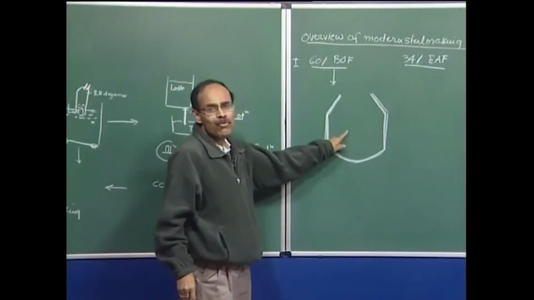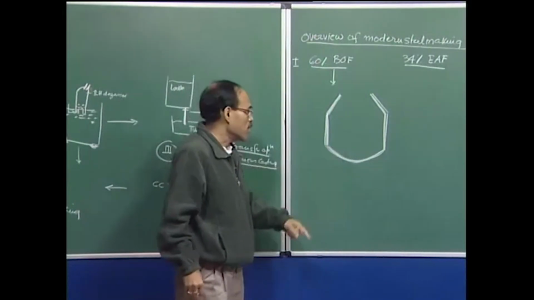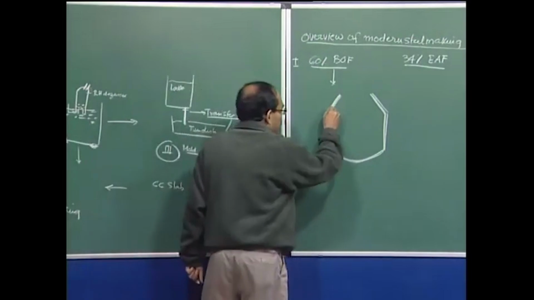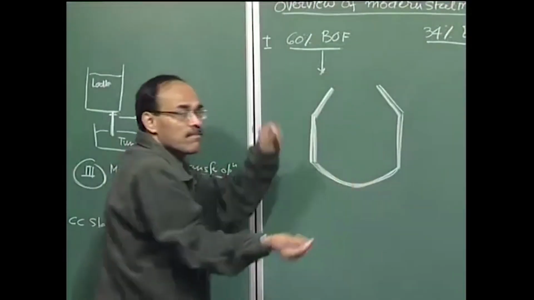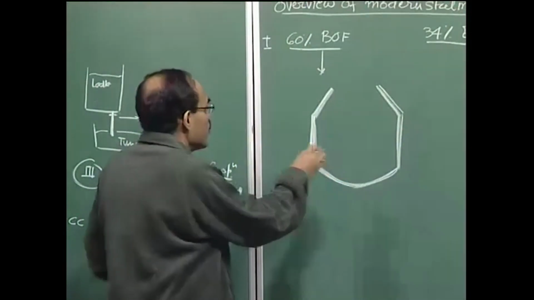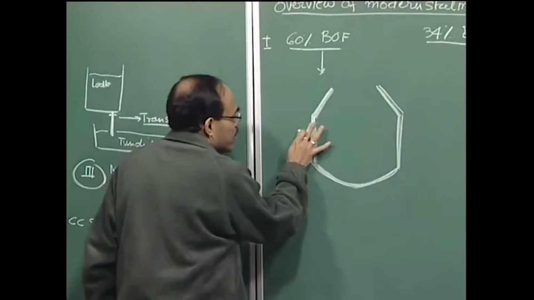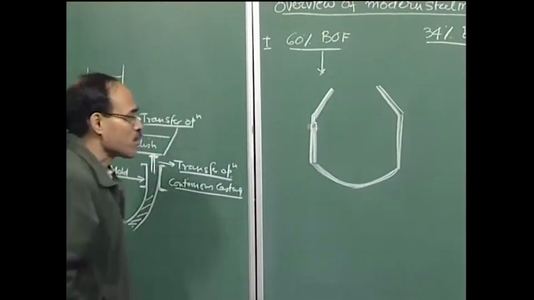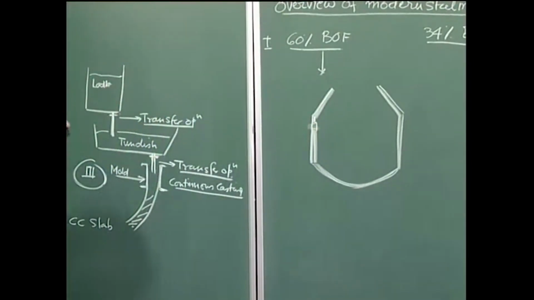We want to remove both phosphorus and silicon in the process. So, therefore, the lining is basic. This is a steel shell. The vessel can be rotated like this. While we want to tap it, there is a tap hole somewhere located here. We will do the details of these constructions later on also.